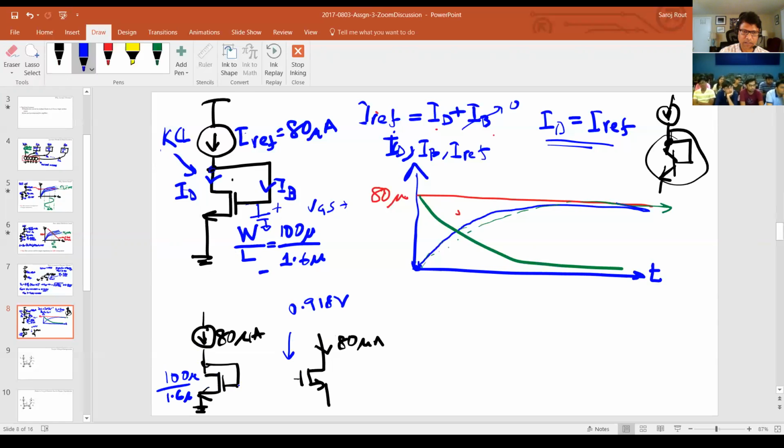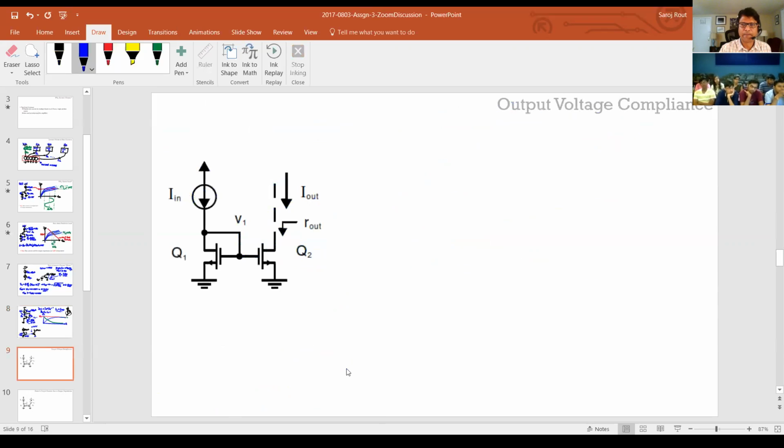I forced in 80 microamp, and this generated that 0.918. And this needs 0.918. So I just joined them, right? Because this gate to ground is 0.918, and this gate to ground, I need 0.918. And that's essentially what a current mirror is. This is a simple current mirror where you just take the diode connected transistor and connect it.